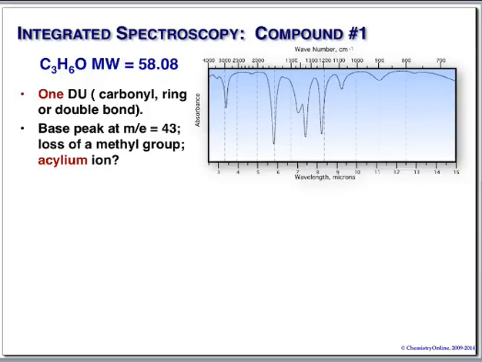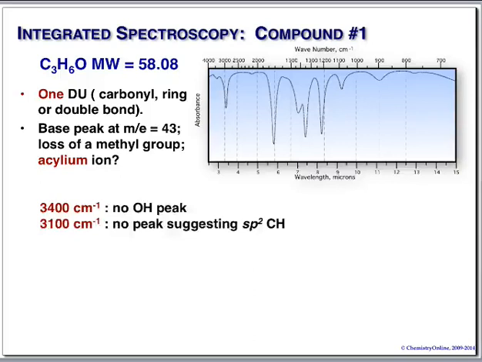So, starting up here at 3400, we have that little tiny blip there, but clearly that's not an OH peak. Remember that they are big and broad, very intense. So no OH. Look at the high side of 3000. Nothing there. Probably no sp2 CH.